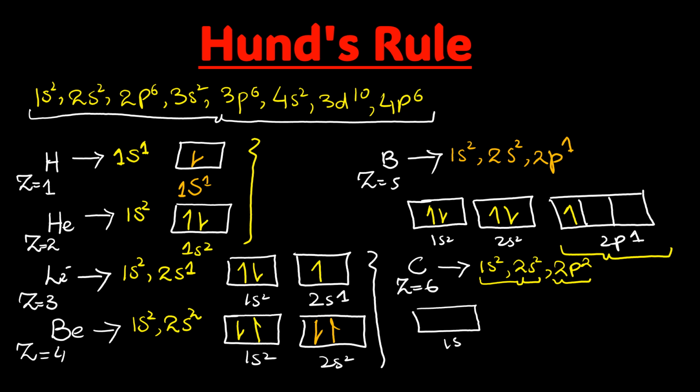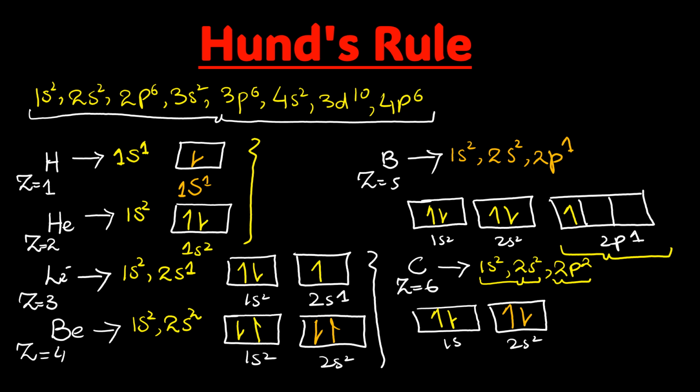The 1s2 of the carbon atom will fill its orbital with 2 electrons with opposite spin. Similarly, the next subshell in the carbon atom is the 2s2 subshell, and the 2s2 subshell can also accommodate 2 electrons, so it will occupy 2 electrons.